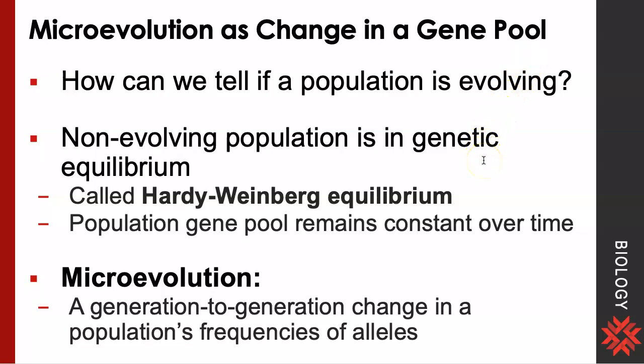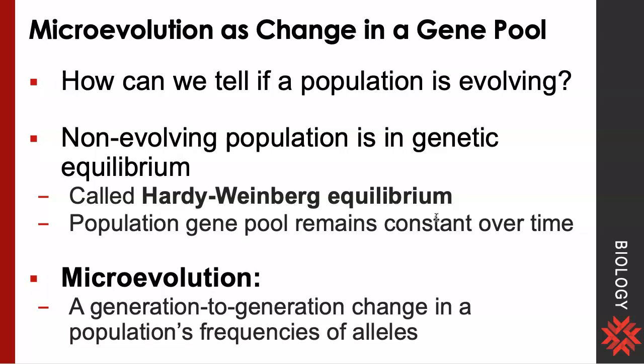So you do that Hardy-Weinberg equation and you figure out those genotypic frequencies. And if those frequencies aren't changing from one generation to the next, then you're in what's called Hardy-Weinberg equilibrium. That gene pool is remaining constant, so it's not evolving over time.